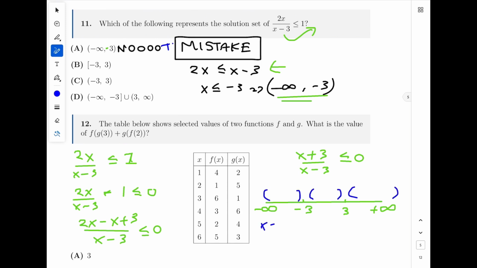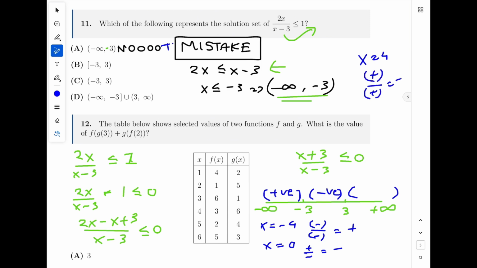So if I have x equal to minus 4, I'll have a negative over a negative, which is a positive. So this is a positive interval. For the middle one, I pick x equal to 0, which is a positive over a negative, which gives me a negative. So this is negative. And for the last interval, I pick x equal to 4, this gives me a positive over a positive, which is positive.